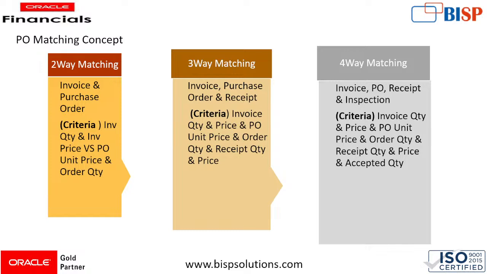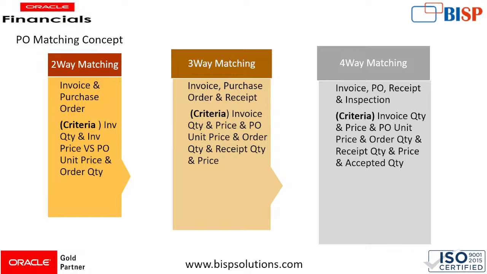In the 3-way matching, you have the invoice, purchase order and the receipt, right? The criteria is that in the invoice we check the quantity and the price, in the purchase order we check the unit price and order quantity, and in the receipt we check the quantity and the price also.